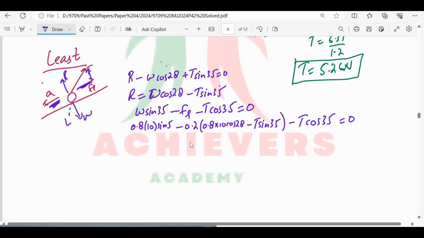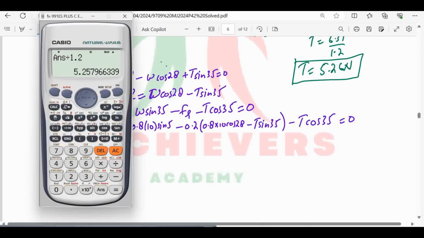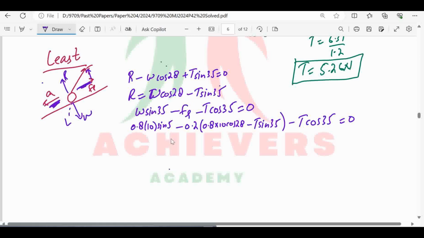Now if we multiply 0.2 with 8, it will give us 1.6. Okay, now here this will be 8 sine of 35 minus 1.6 cos of 28 plus 0.2 T sine of 35 minus T cos of 35 is equals to 0.